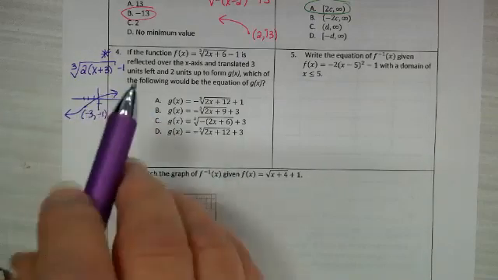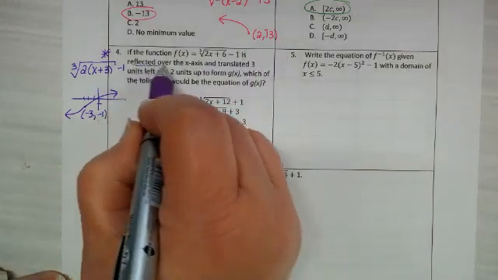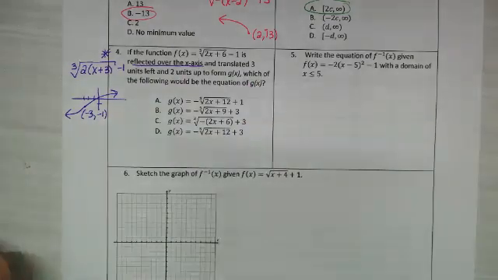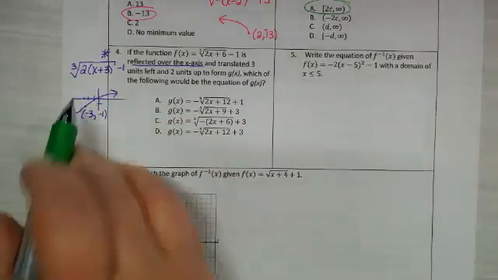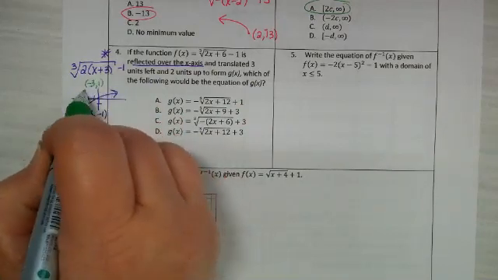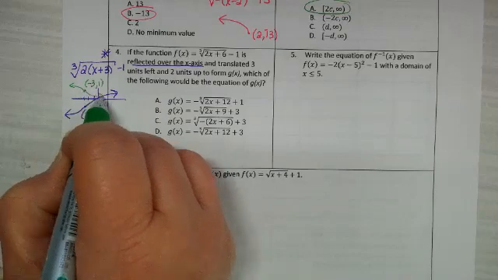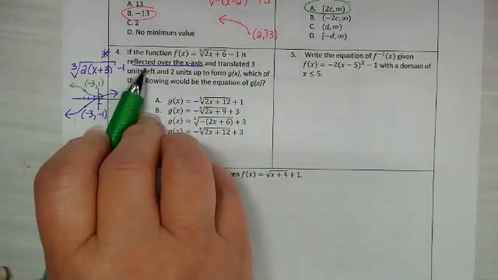This is negative 3, negative 1. Now let's apply the transformations. The first one is it's reflected over the x-axis. So if I reflect this over the x-axis, now I'm at negative 3, positive 1. And my graph is looking like this. From here, you have to do the reflection first.